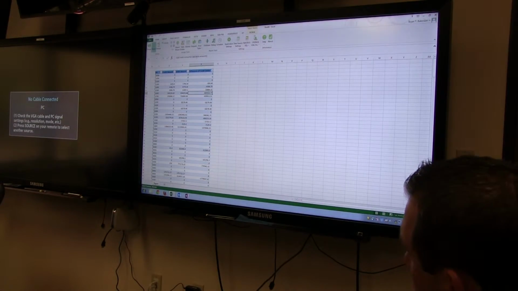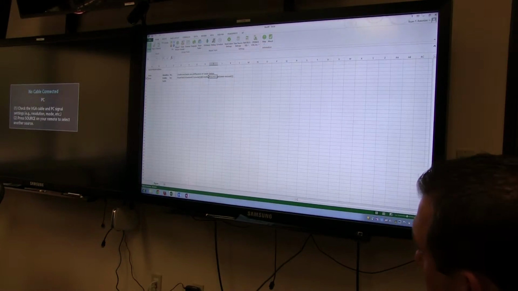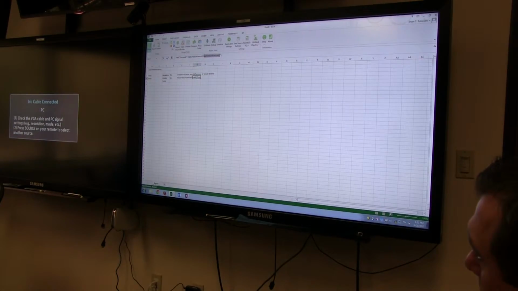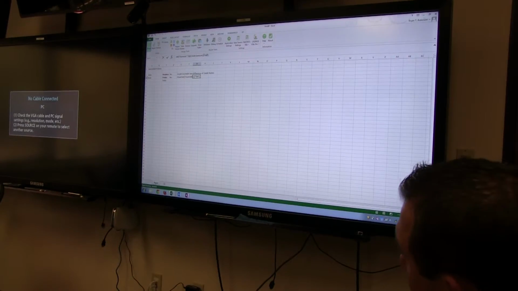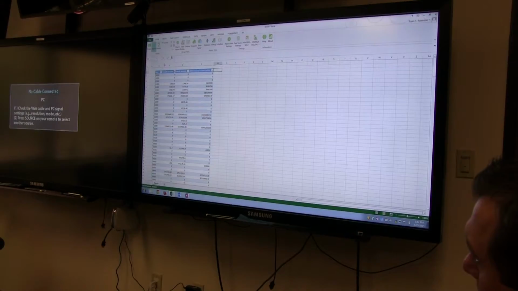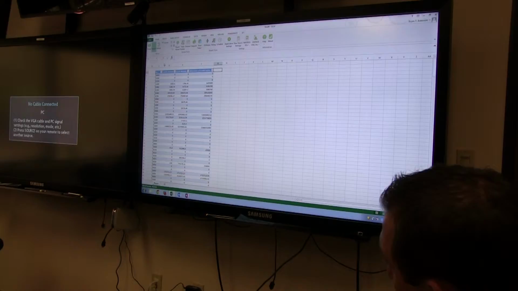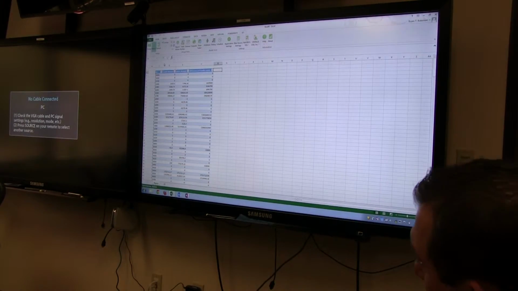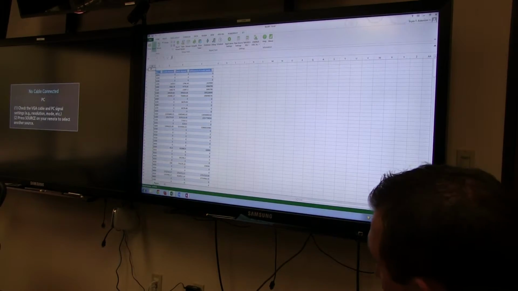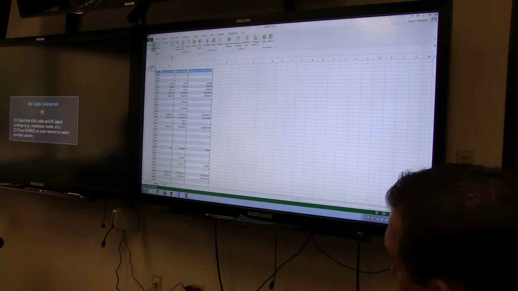I could take my credits and multiply them by 1,000, but I couldn't reference something in another table that I didn't bring in, or a cell out here in B2. It has to exist within the table space.